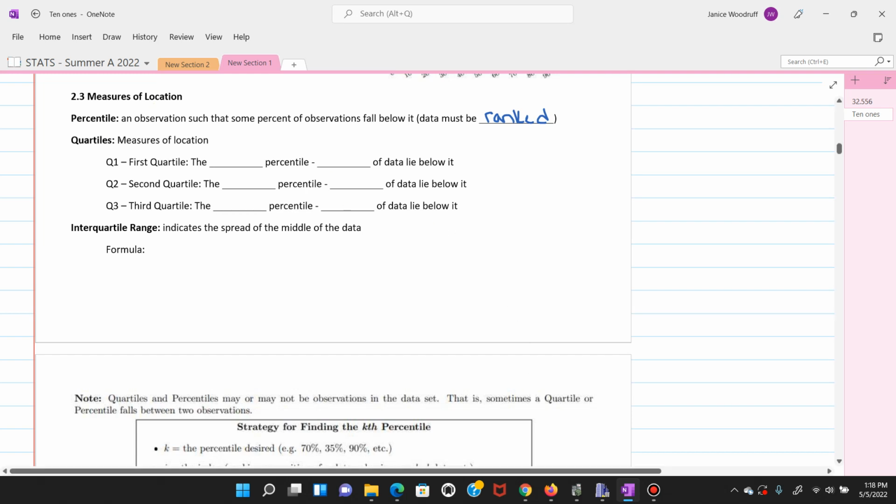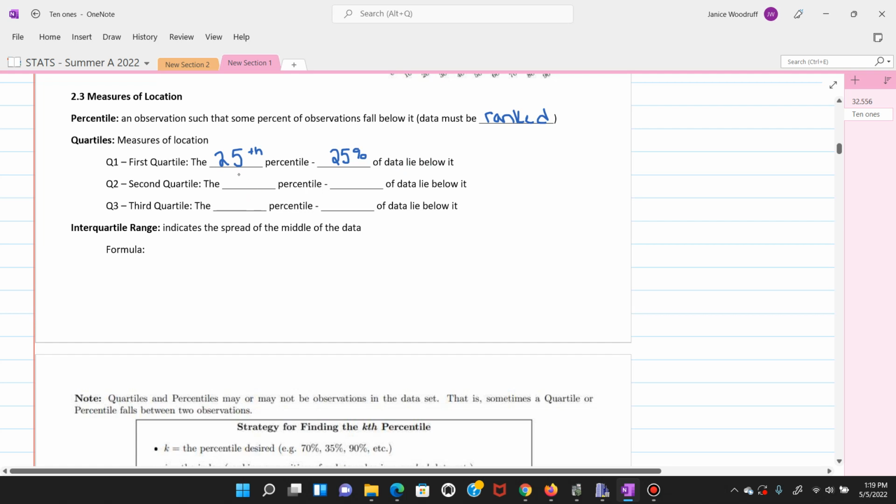Okay, quartiles. Quartiles would be taking a group of data and separating it into quarters. The first quartile is the 25th percentile of data, which means 25% of data are going to lie below that data value.